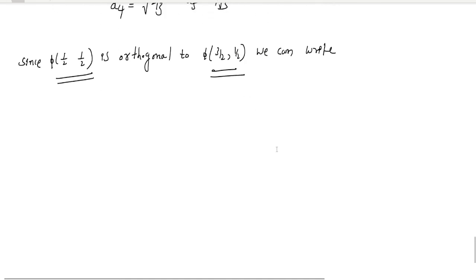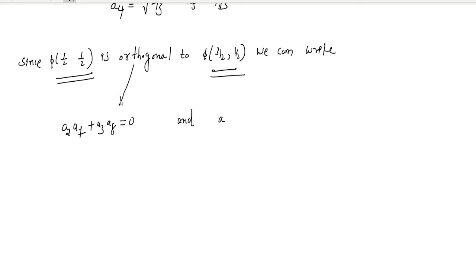So we can get the coefficients A1 or A2, A7 plus A3, A8 equal to 0, and this orthonormal condition is A7. So if you apply orthogonal condition, you got this one.